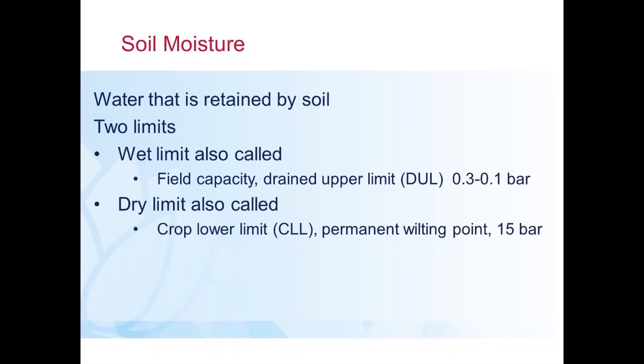One commonly used is the crop lower limit, usually determined in the field where you wet up an area and allow a crop or pasture to grow, then put a rain-out shelter over the top and allow the plants to grow without rain for a number of months, particularly in spring when it's actively growing. You then monitor the soil moisture, and when it is no longer changing, that determines the crop lower limit.